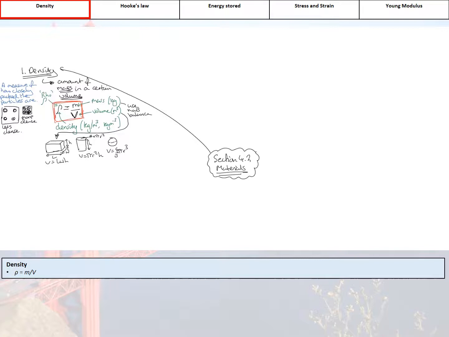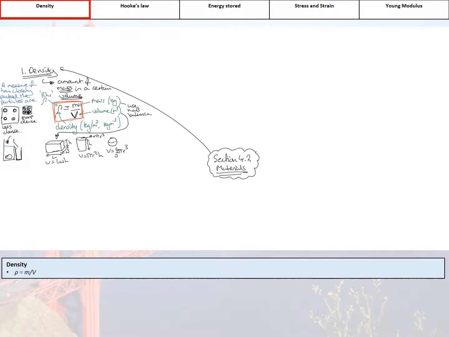Another way of working out the volume is by using something called a Eureka can. And you fill it up with water. So some will flow out of the little side bit. Once it's reached a level just below and there's no water flowing out, then you can put in your object.